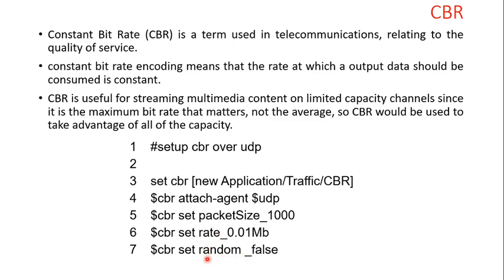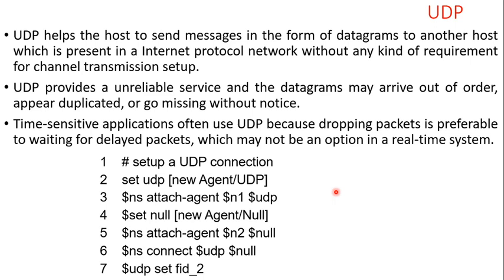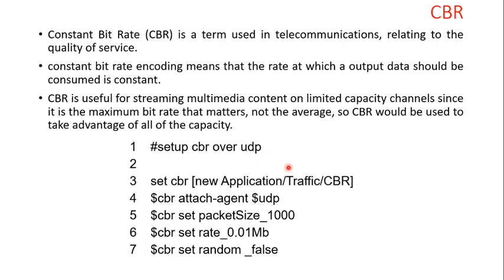And finally, here is the set random false. Remember, as we are dealing with this CBR with respect to the UDP, and already I said in case of UDP there can be errors or noise which can occur at the time of transmission. How to deal with such kind of noise? For the purpose of dealing with the noise, this statement is used, which is CBR set random false.